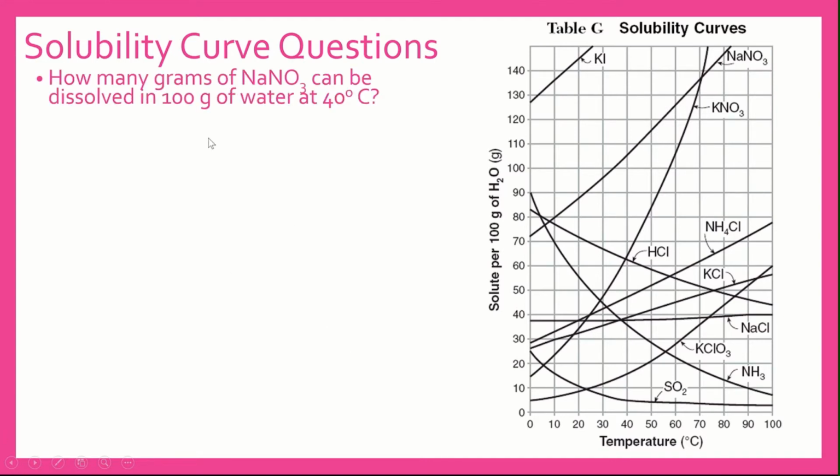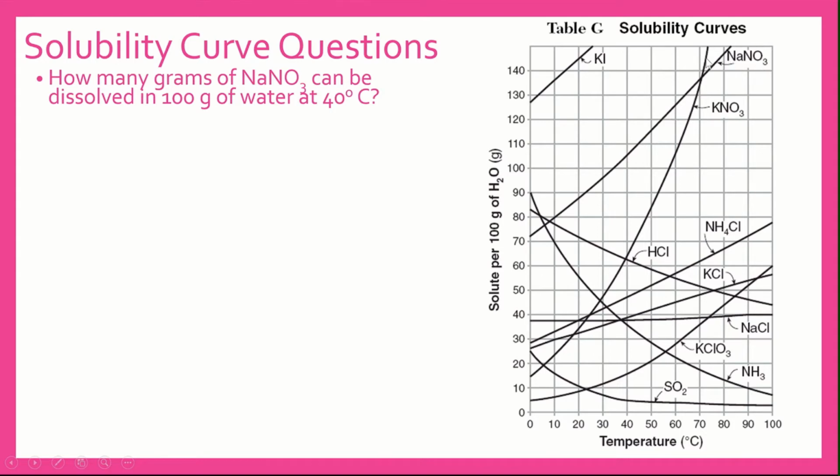The types of questions you'll see are like this. How many grams of sodium nitrate can be dissolved in 100 grams of water at 40 degrees Celsius? I'm looking for sodium nitrate, NaNO3, so that's this line up here.